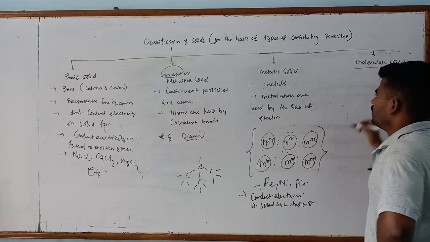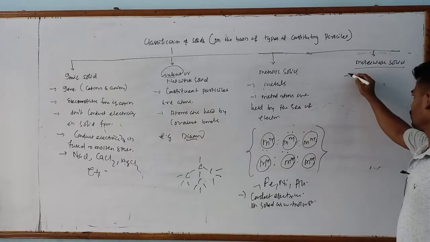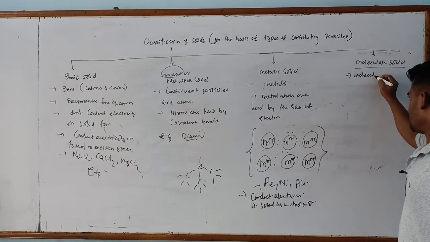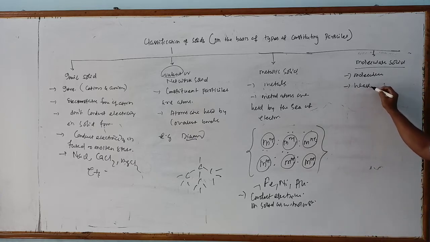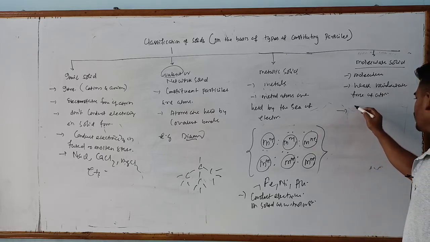This is molecular solid. The constituent particles are molecules. Molecules are held together by weak van der Waals forces of attraction. Is that clear? So these molecular solids are again of three types. One is polar solid.